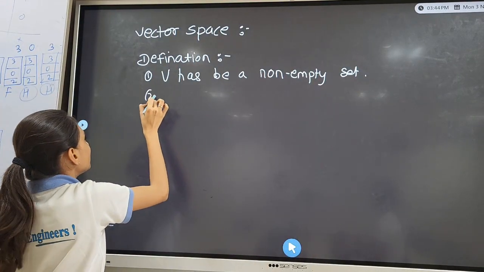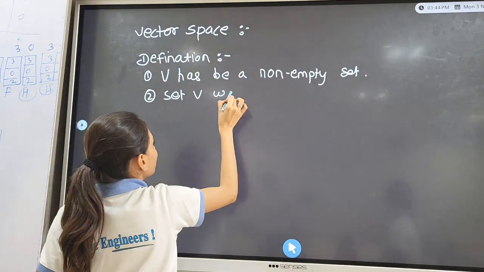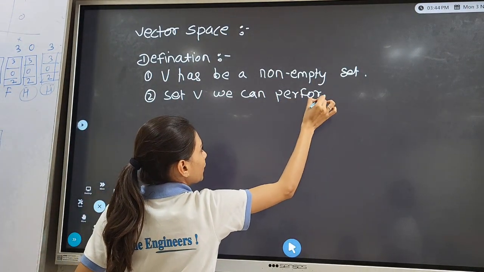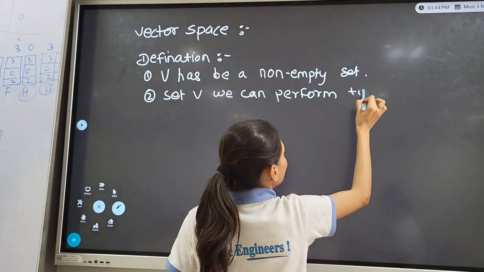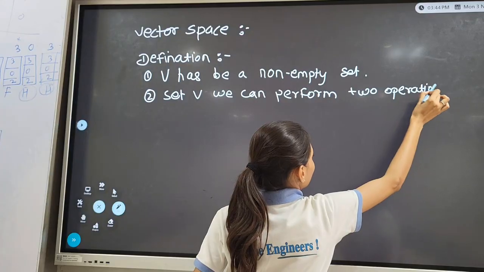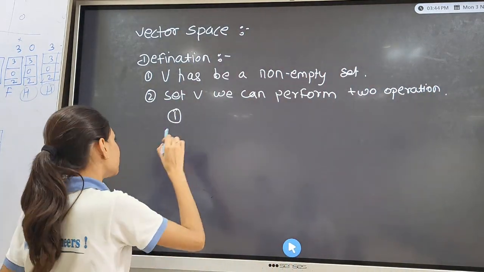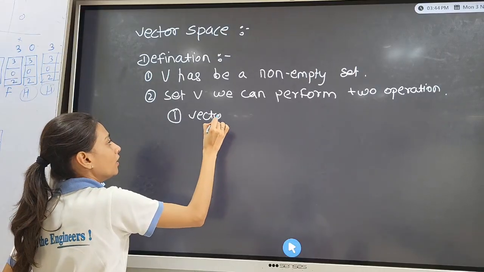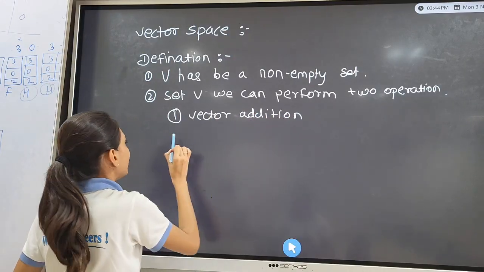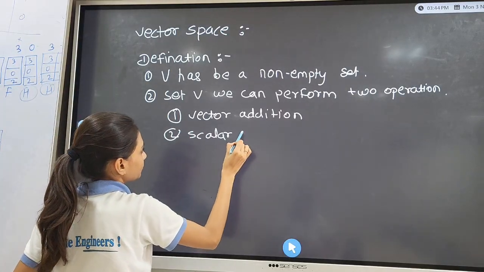And the second one is that on a set V, we can perform two operations. These two operations are, first, vector addition, and second, scalar multiplication.